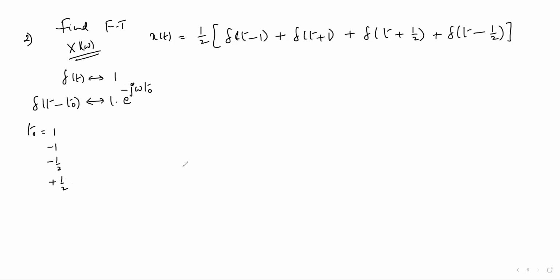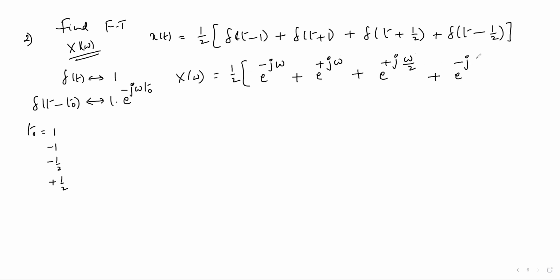So corresponding x of omega you can find: 1 by 2, and this term exponential minus j omega, second term plus e to the power of plus j omega, plus e to the power of plus j omega by 2, plus e to the power of minus j omega by 2.